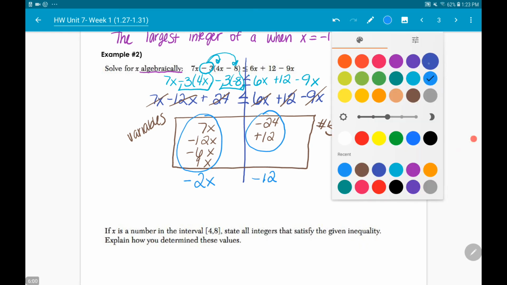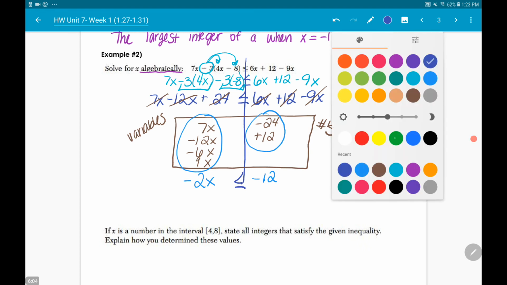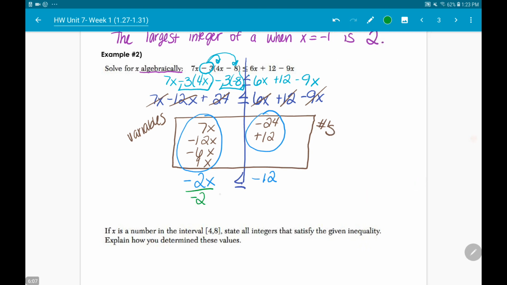My inequality symbol is just going to follow us down. Last step is dividing by negative 2 on both sides. So I have x, some symbol, and then 6, since negative 12 divided by negative 2 is 6. But once again, our golden rule comes into play. We need to flip the inequality symbol because we divided by a negative 2. So x is greater than or equal to 6.